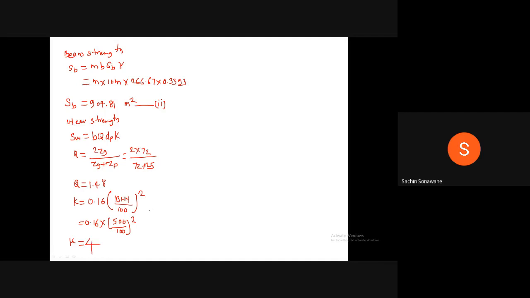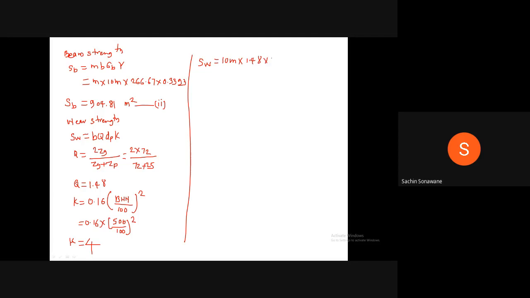Okay. Now substitute that value of Q and K in SW and find out SW in terms of M square. Therefore, SW is equal to, value of B is nothing but 10M into value of Q. Value of Q is 1.48.